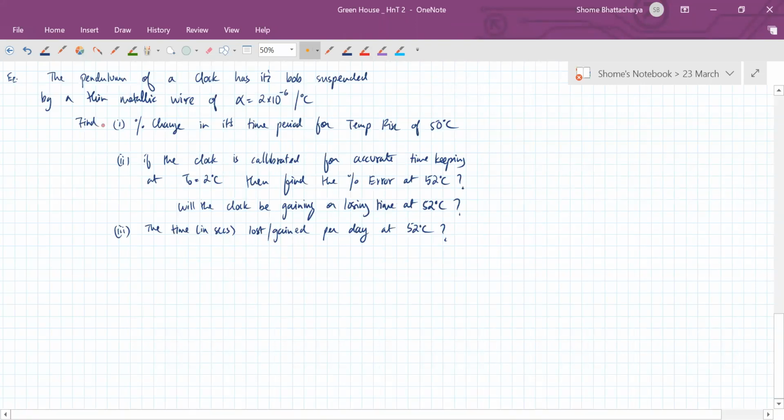Okay, so we'll see actually the first two parts are the same answer. For delta T equal to 50 degrees C, the fractional change in length is 10 raised to minus 4, or we can say 0.01% increase in length.